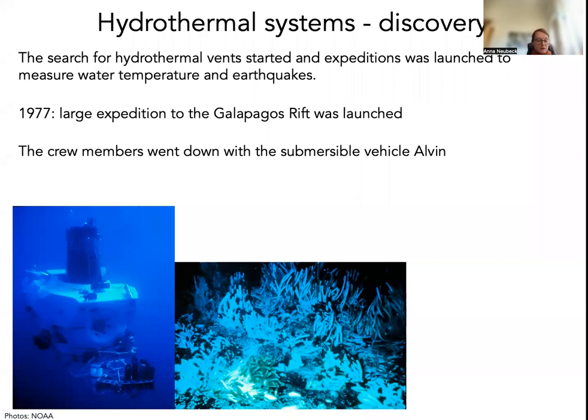they could see that the data set with the temperature spike and the mini earthquake were occurring at the same time where they also saw all these life forms, which means that this life was surrounding a place on the ocean floor where you had heat coming out and where you had a very geologically active place.